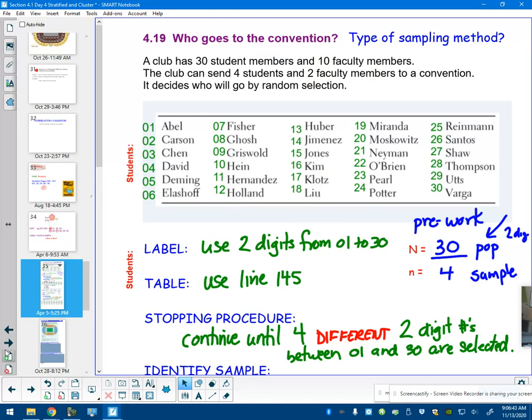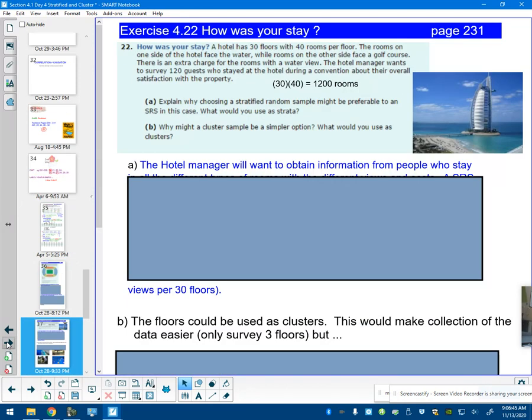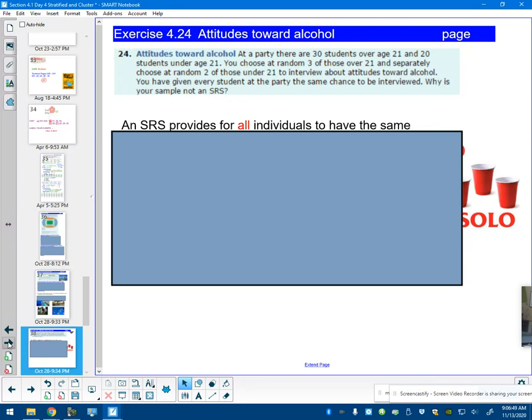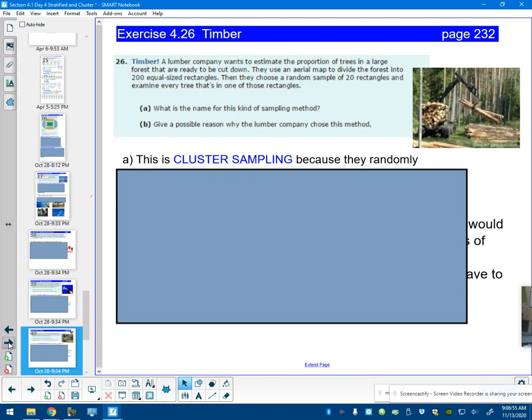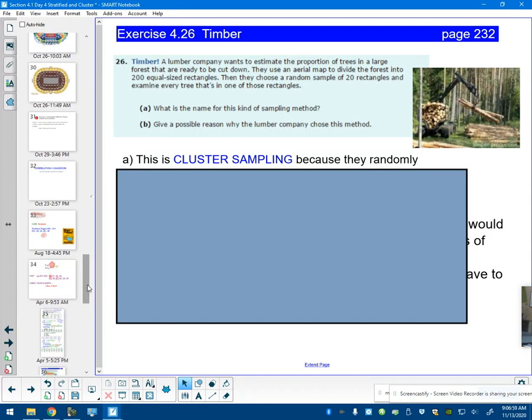Let's see about 22. Ooh, I like 22. We're not skipping that one. We all did 25. That's why it's not on there. Okay, you can skip 26 also.